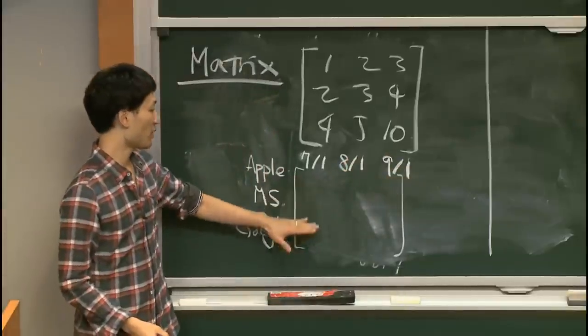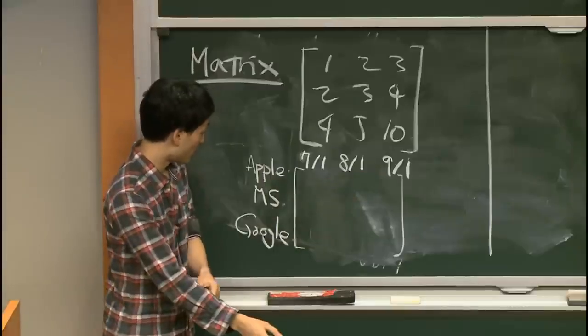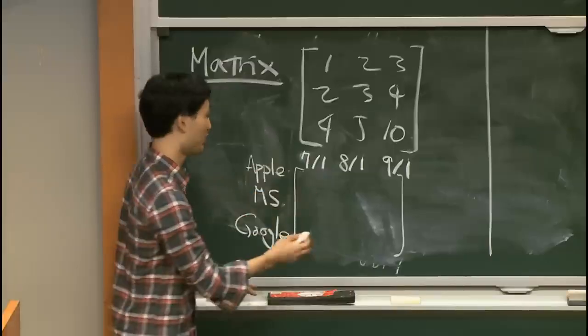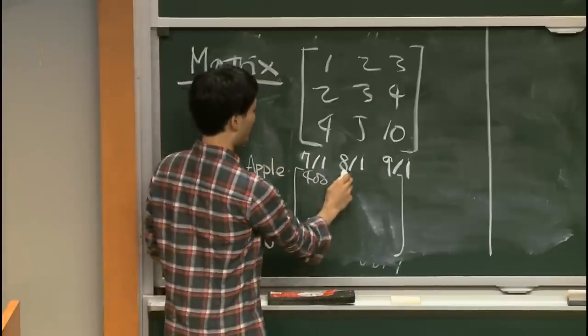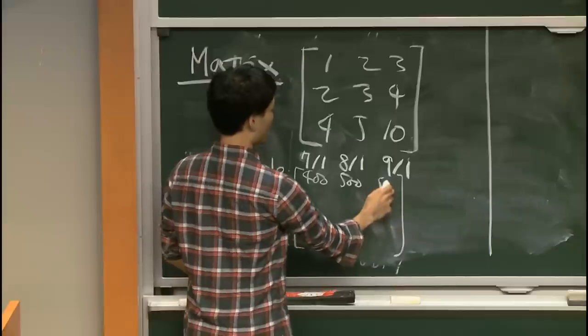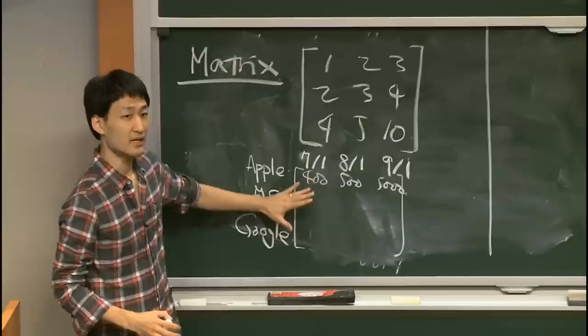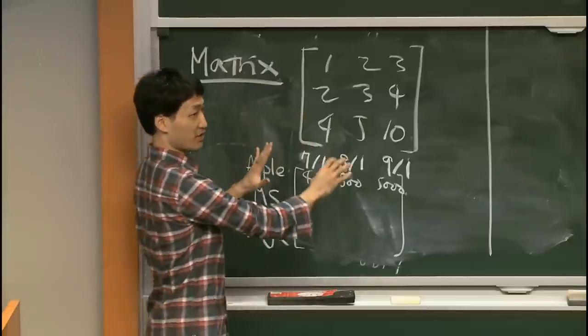And for the numbers, you can pick whatever data you want, but probably the sensible data will be the stock price on that day. For example, 400, 500, and 5,000. That would be great. So this kind of data is just a matrix.